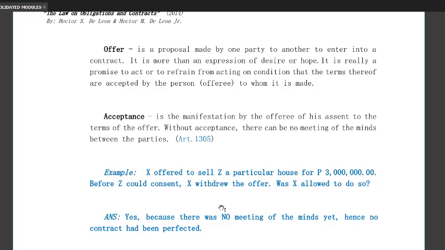So, yun po. And then, at the same time, ano pa ba yung mga instances na masasabi natin na yung isang offer ay ineffective? Well, usually, alam na naman natin to, yung hindi natin tatanggapin yung offer, di kaya man ay nagkakaroon ng qualification yung acceptance or merong mga condition pa siya.